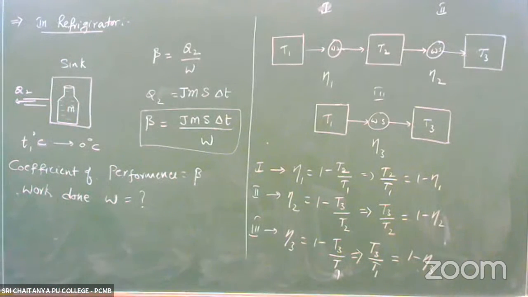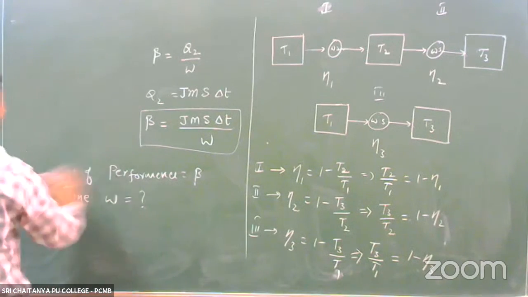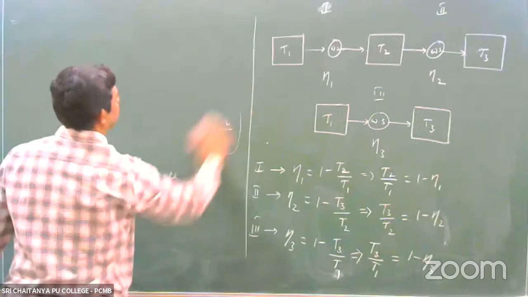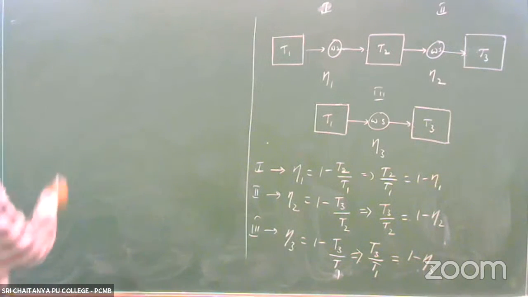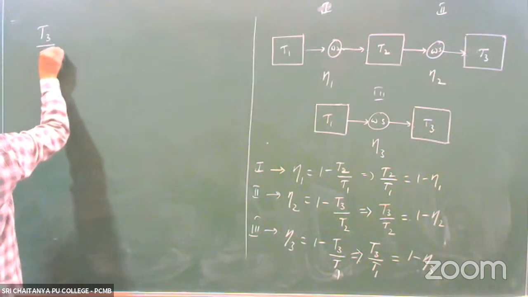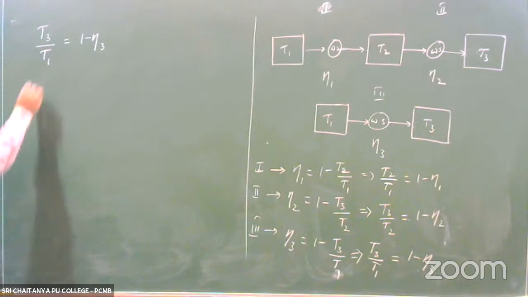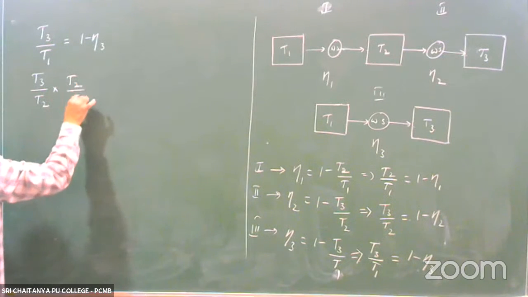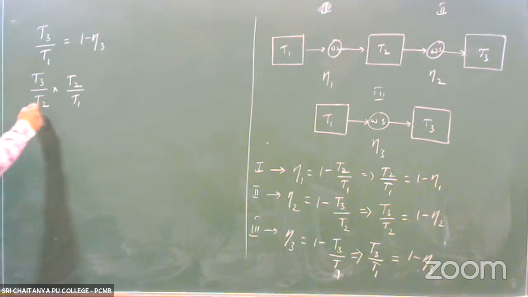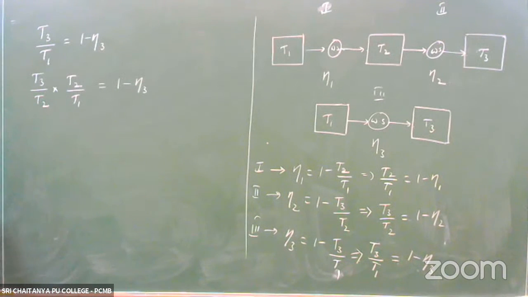Then, see, T3 by T1, 1 minus eta 3. Can I write it as T3 by T2 into T2 by T1? T2 gets cancelled again. I get T3 by T1, 1 minus eta 3.